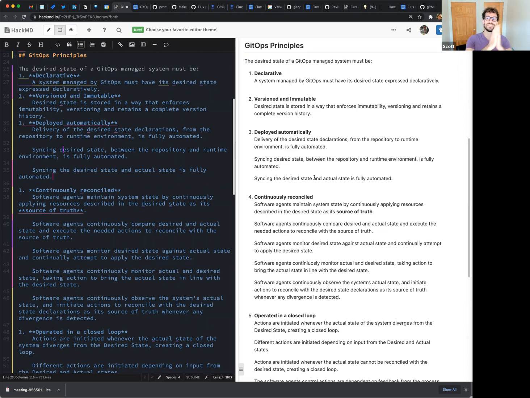But the desired state could be stored in multiple repositories, spread around. The desired state of my full system might be my infra repository, an operations repository that points to the repositories of all my application teams that have their own desired state. So it's really not one repository that describes the full system.